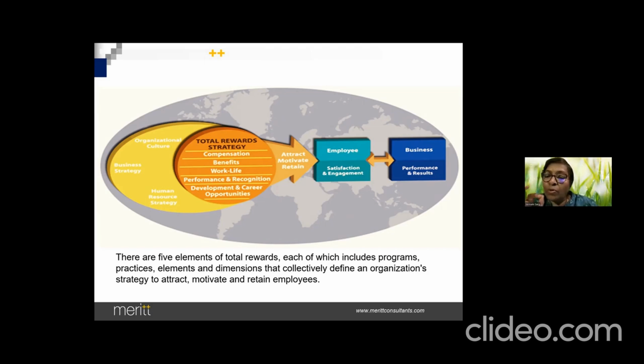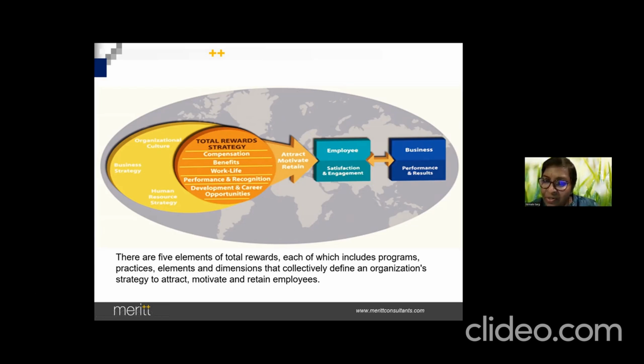Okay, so total rewards includes 5 key elements. What are those 5 key elements? They are compensation, which includes fixed salary and variable pay. Then benefits. Then work-life balance. Then performance management and recognition, everything you do in that area.